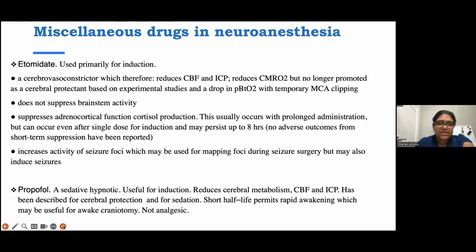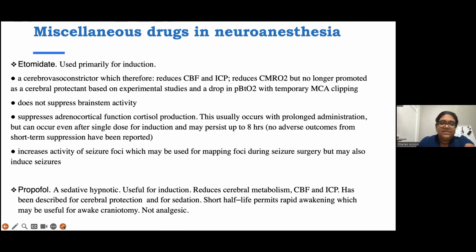It does not suppress brainstem activity, and it suppresses adrenocortical function of cortisol production. This usually occurs with prolonged administration, but can occur even after a single dose for induction and may persist up to 8 hours. No adverse outcome for short-term suppression has been reported.